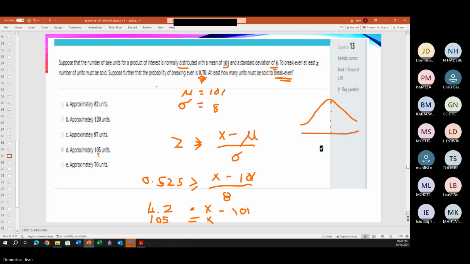So we've worked out the probability of breaking even. That was 0.525. I think here was a mistake in the question. So let's just check what this is. 105 divided by 0.7.